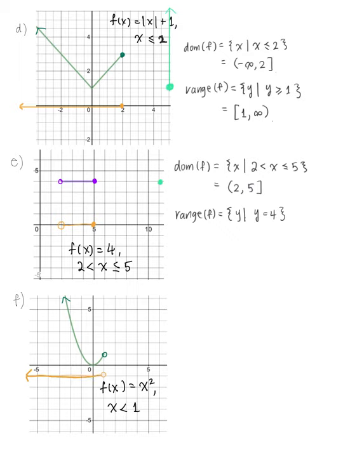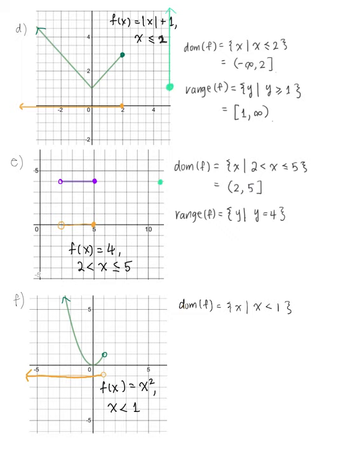So the domain of f is the set of x values such that all the x values have to be strictly less than 1. Sorry to spoil your fun, I already wrote that out.